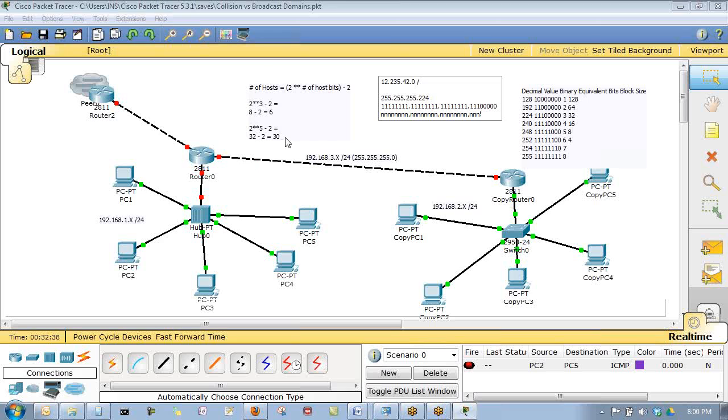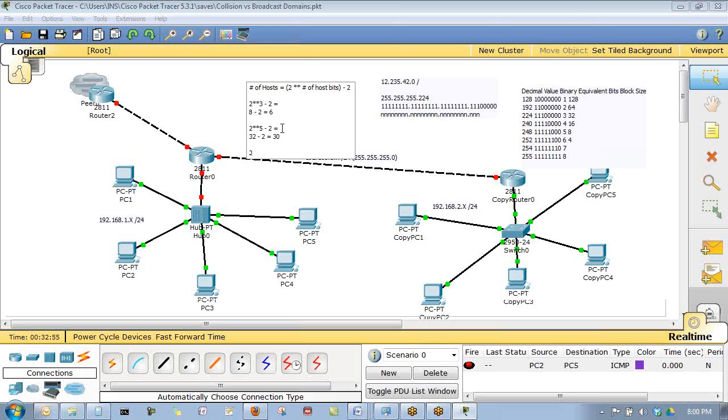Does anyone recall what the calculation is for subnetworks?